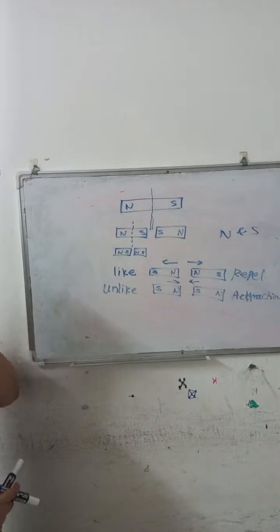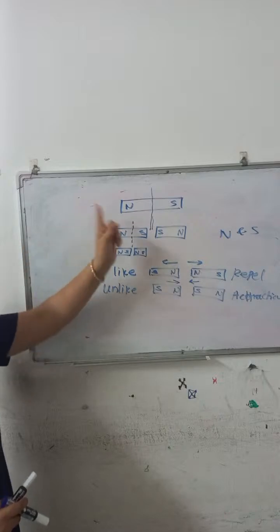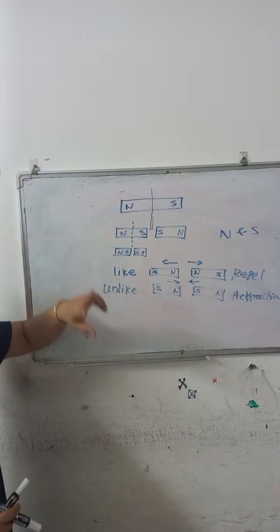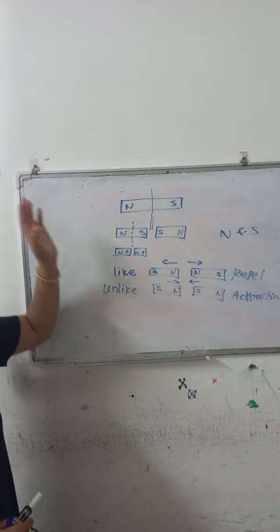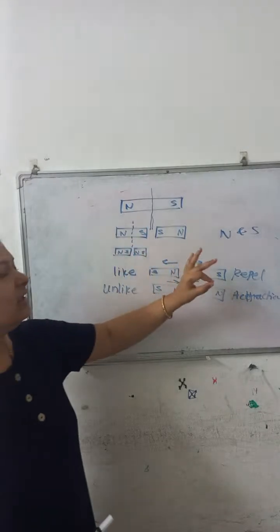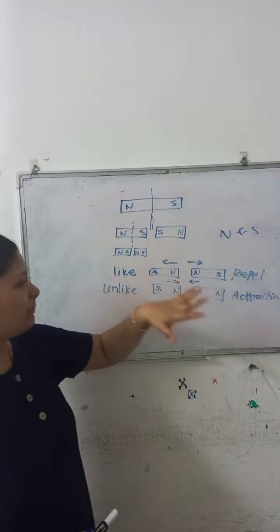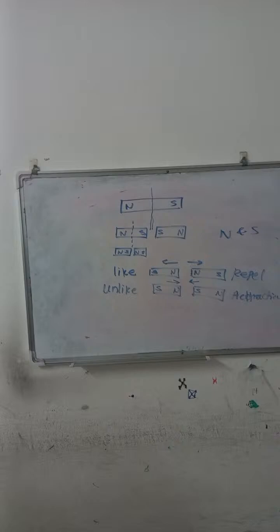So the properties of a magnet: magnets are always dipole, meaning two poles, north and south. If you cut it into two parts, again two poles are generated. Monopoles never exist on this earth. When suspended freely, it always shows the north-south direction. Like poles repel and unlike poles attract. These are the properties of the magnet.